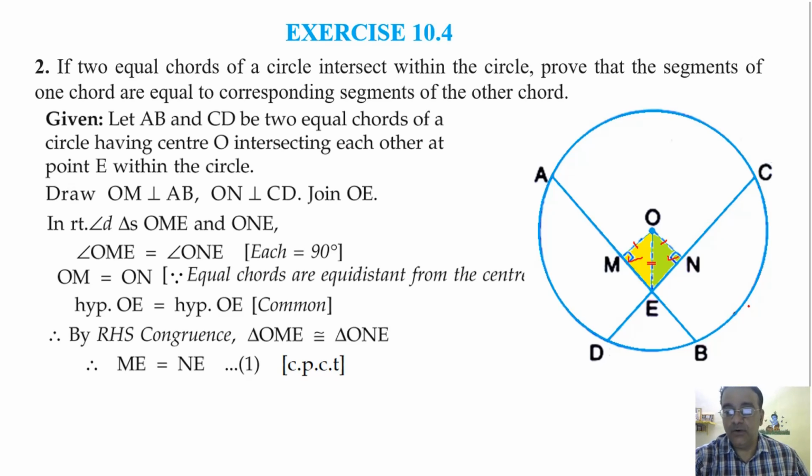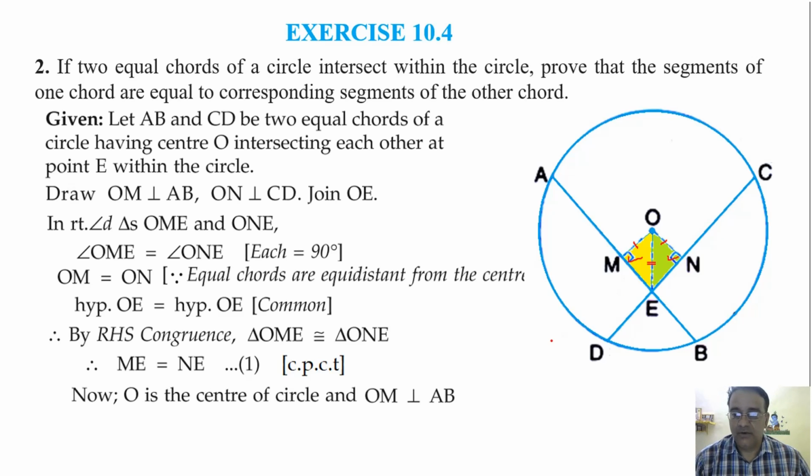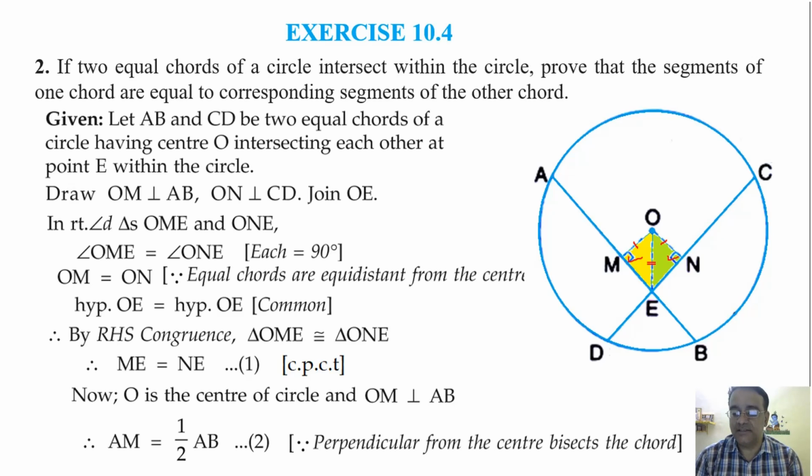Okay, now we know that perpendicular drawn from center to chord bisects the chord. Right? O is the center, OM is perpendicular to AB, so AM is equal to half of AB. Why? Because perpendicular drawn from center to chord bisects the chord, or simply perpendicular from the center bisects the chord, you can write.